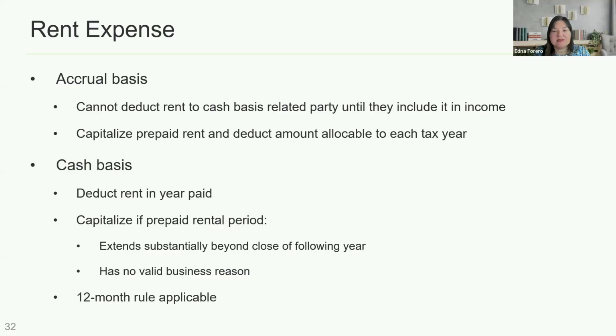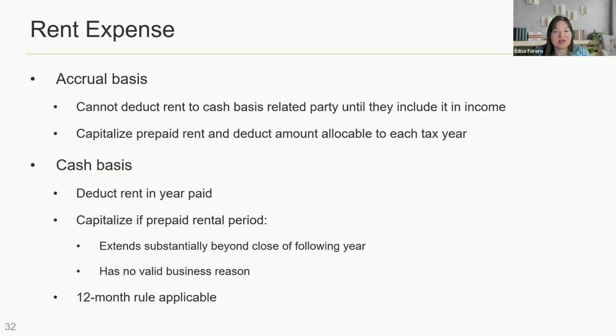The operating business that pays the rent is accrual. So the operating business, in this case, perhaps falls behind in actually paying the rent for a few months. They cannot accrue the expense and take the deduction until they actually pay the owner, and the owner picks up the rent and places it on their Schedule E as income.